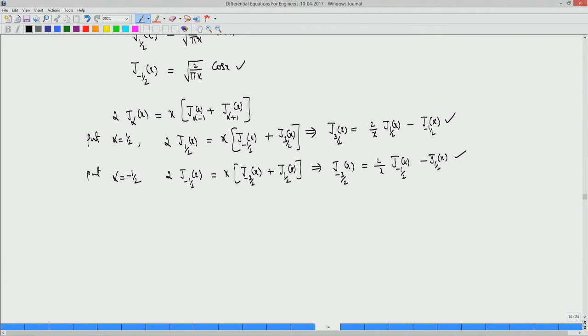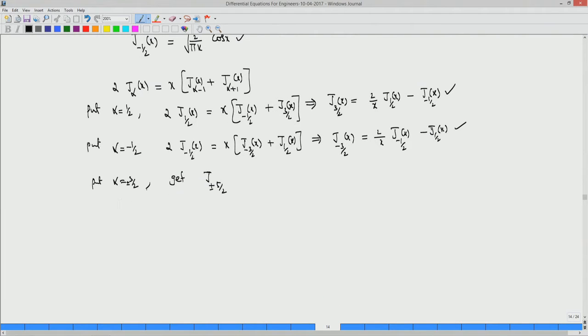So, having known J 3 by 2, J minus 3 by 2, now I can put J alpha as plus or minus 3 by 2, let us say. Then you can get J plus or minus 5 by 2, and so on. You can get 5 by 2, 7 by 2, 9 by 2 and so on.